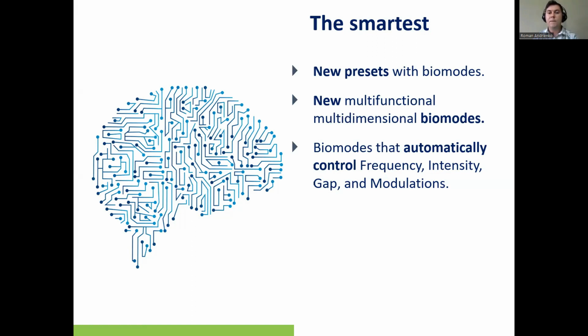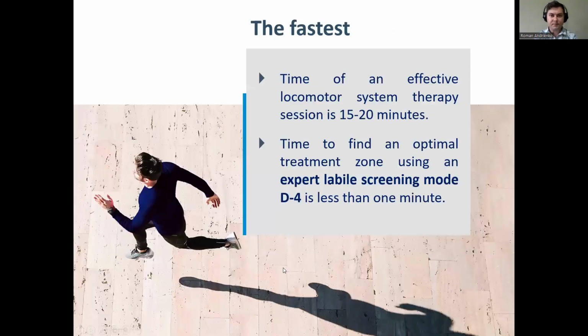There are multifunctional and multi-dimensional bio modes, and we'll also explain that. That means that in certain presets, such parameters of the treatment signal as frequency, intensity, gap, and modulations are controlled automatically by the device, taking into account the feedback from the patient's body, which is super awesome.